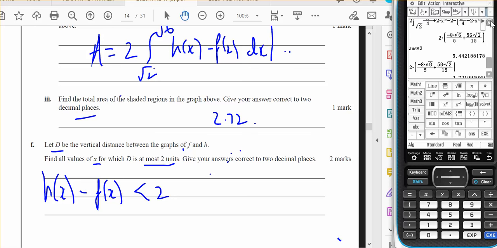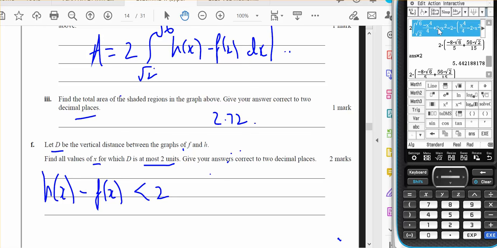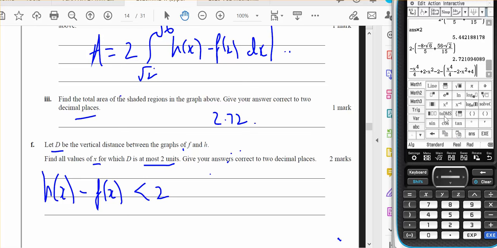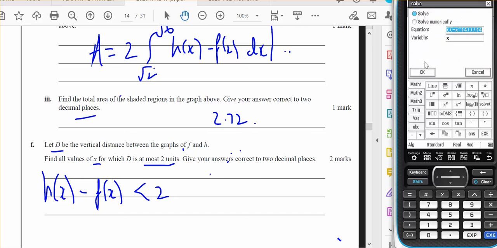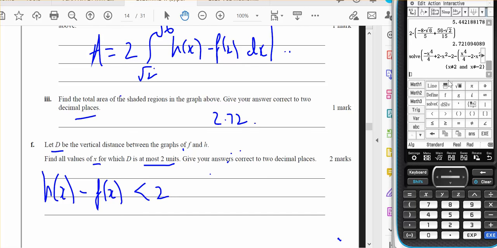So I'm looking for this bit that was inside the integral, because that is h of x minus f of x. So let's copy that. Let's put this down here. Let's paste. And I want that to be Math 3, less than 2. And I'm going to select and solve for x. Didn't get a nice answer, did I?